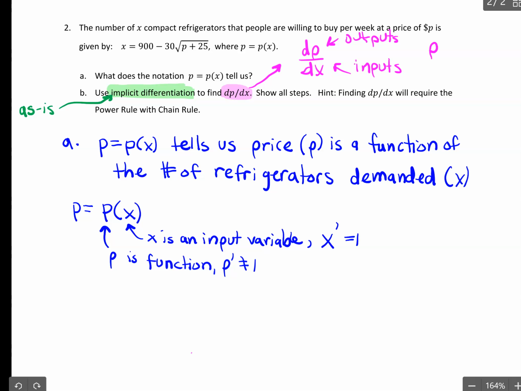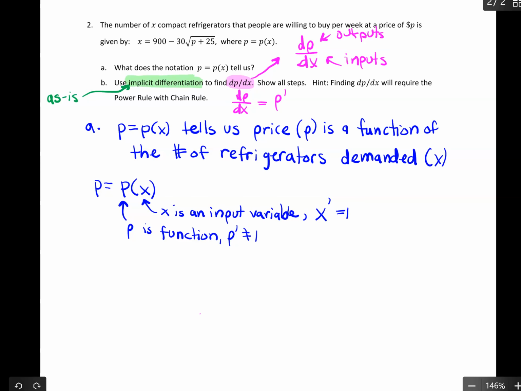When p was a function of x, x is the input. All dp over dx is asking us to do is find the change in the output with respect to the change in that input. So we're just finding p prime. Basically, dp over dx is just another way to write p prime.